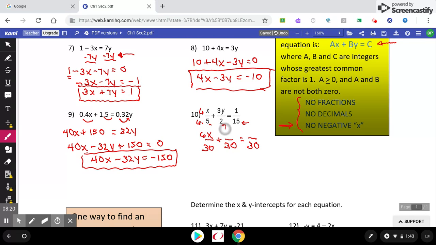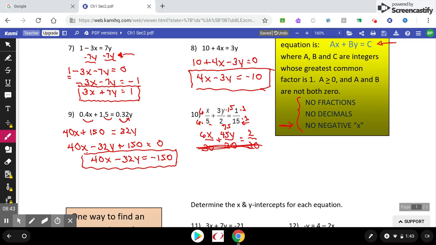If I went times 15 on the bottom to get my 30, I got to go times 15 on the top. That would give me 45y. If I went times 2 on the bottom to get 30, I got to go times 2 on the top. I get a 2.